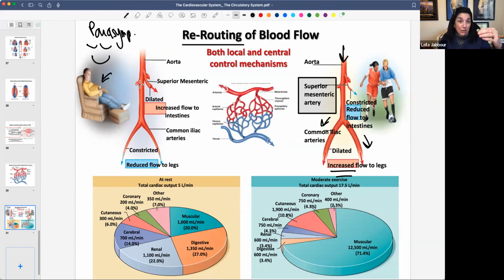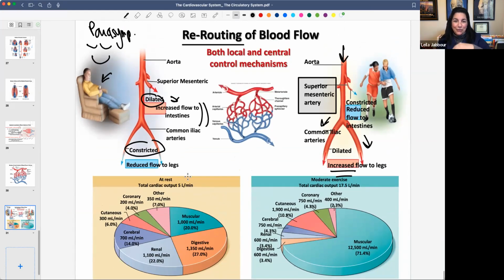So in a situation where you are just relaxing, we will have constriction to reduce flow to your legs because you're not really using them, and we need the sphincter muscles to be dilated at the level of the superior mesenteric to allow an increased flow to the intestines, because now you need that blood there. Your parasympathetic is handling digestion, and we need to make sure that all of these cells of the digestive system are provided with all the nutrients and oxygen they need.